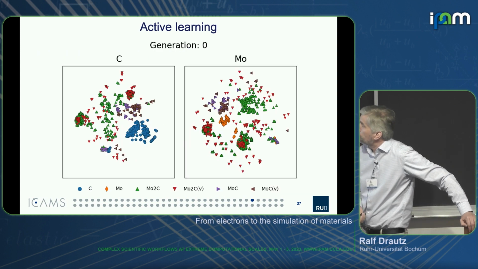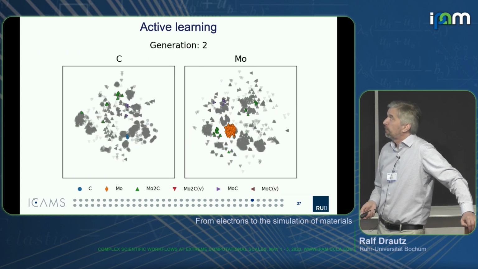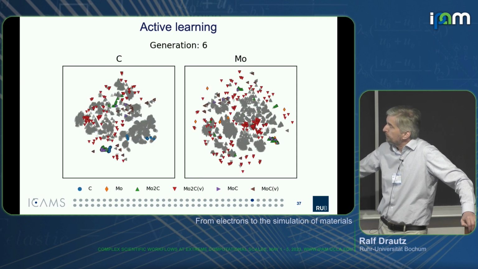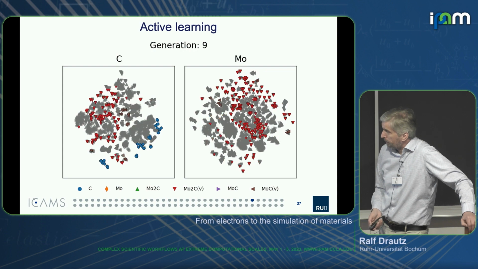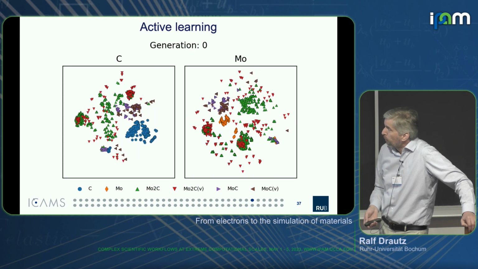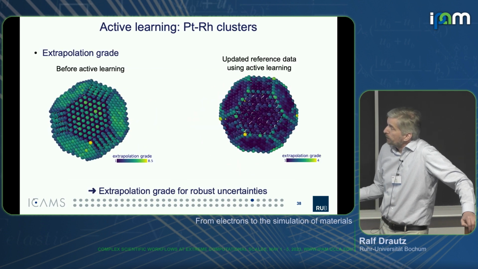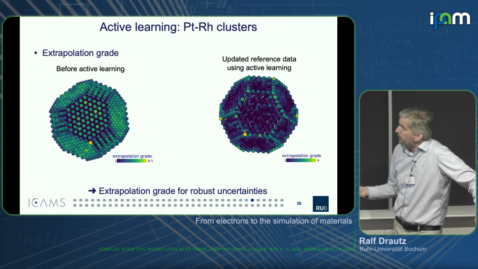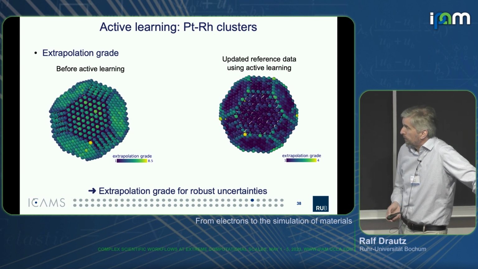That's the idea of D-optimality. You see, for example, for carbon molybdenum, how this active learning fills the space. That's again a nonlinear dimensionality reduction. Or we do small clusters, platinum-rhodium, where we initially have larger extrapolation grades, and after retraining with active learning, we reduce the extrapolation grade.